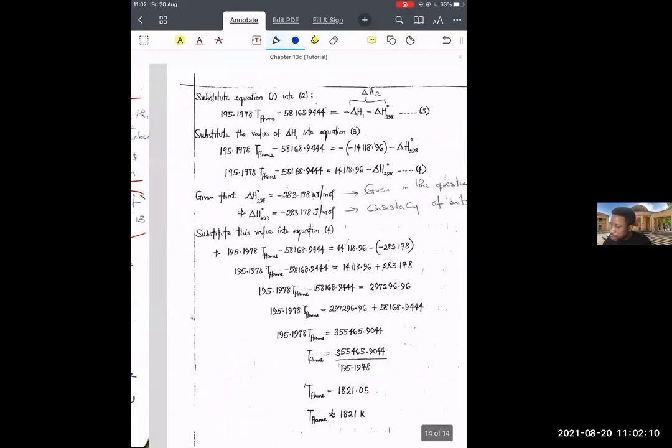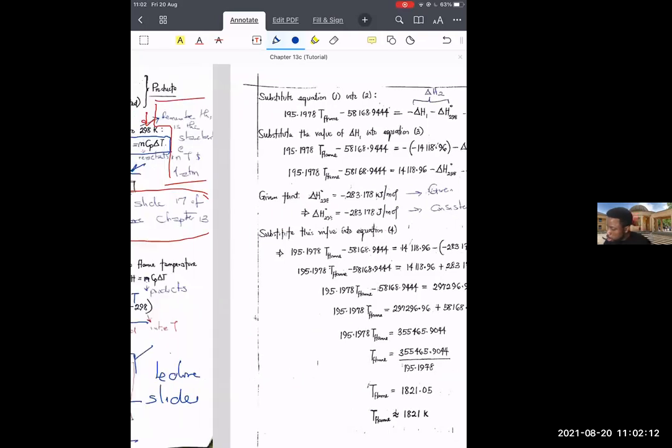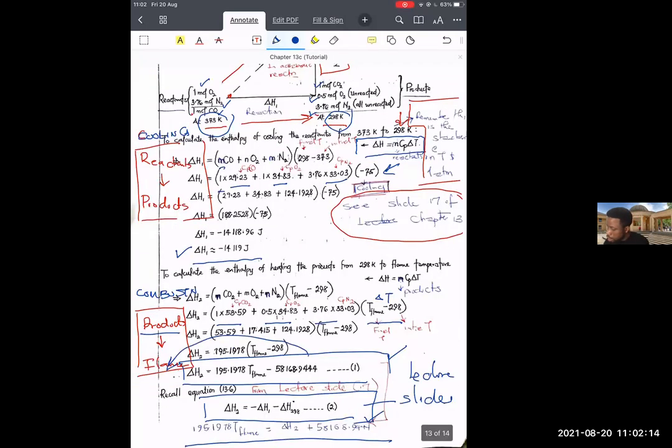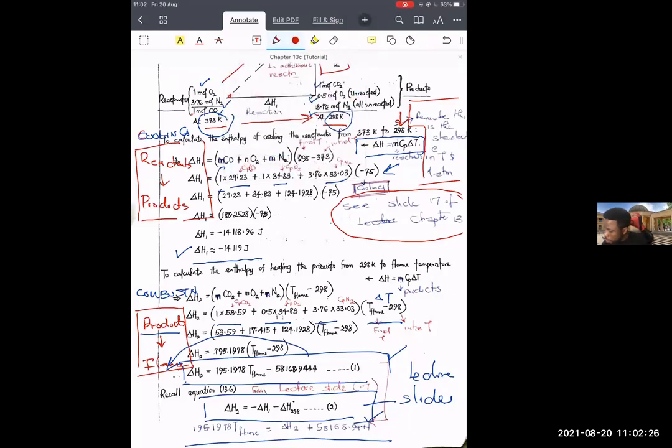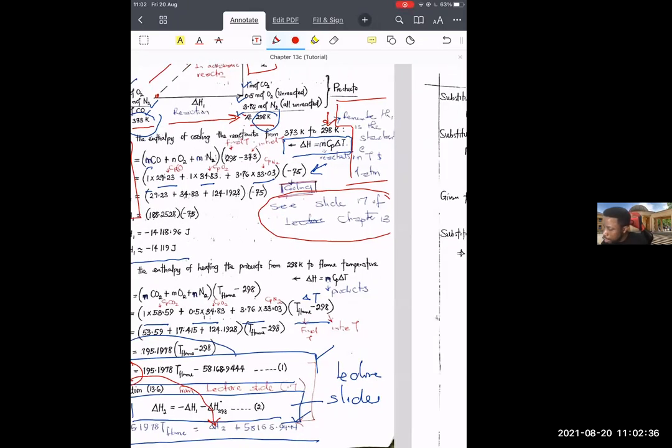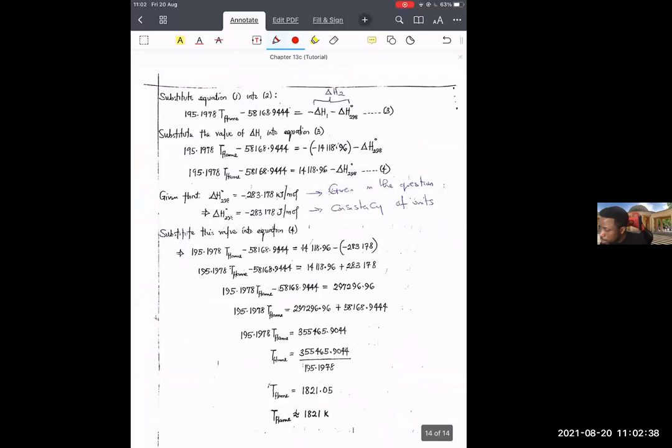And then we want to substitute equation 1 into 2, all the values. You remember we have change in H2. Once we have this value, we can plug this here. And when we plug that there, we come up with another equation.